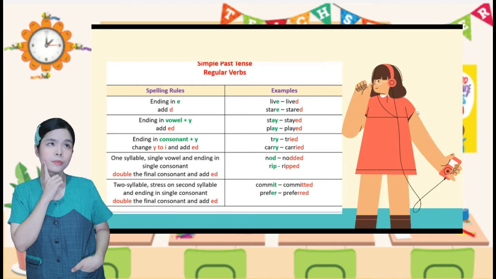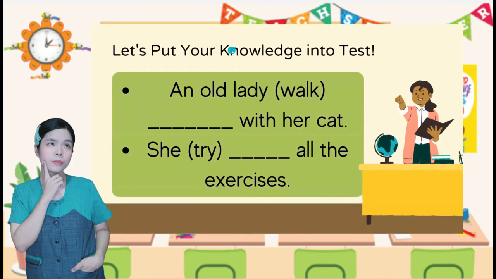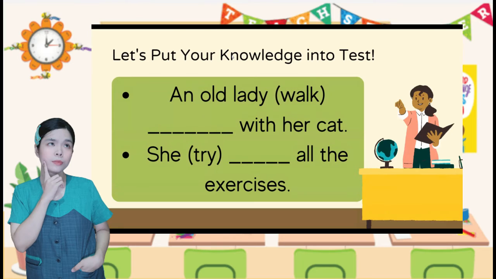Next, let's put your knowledge to the test. For example, an old lady walked with her cat. What do you think is the answer, class? What is the past tense of walk? Are we going to add ED? Very good.